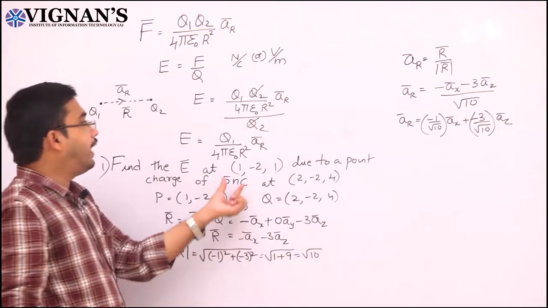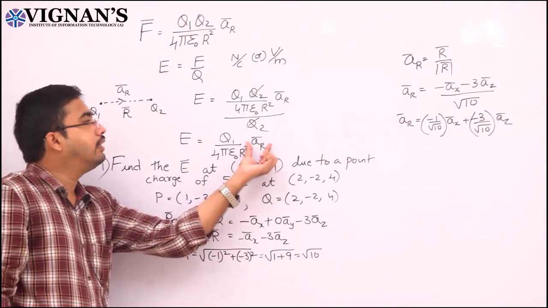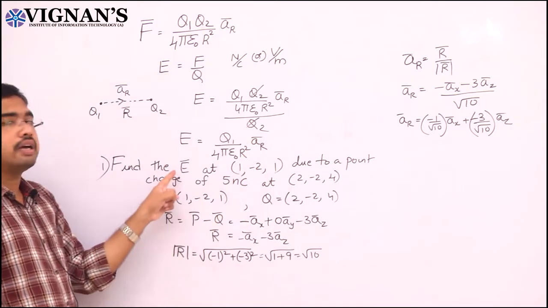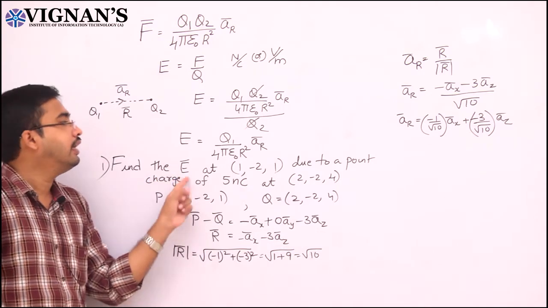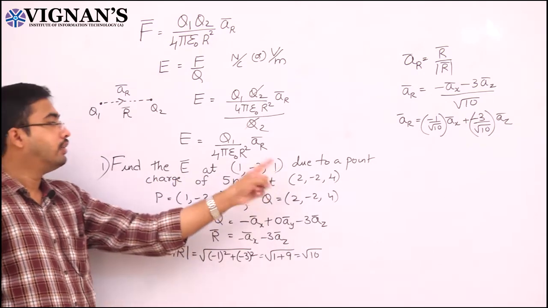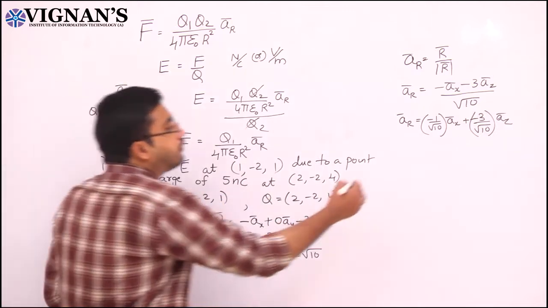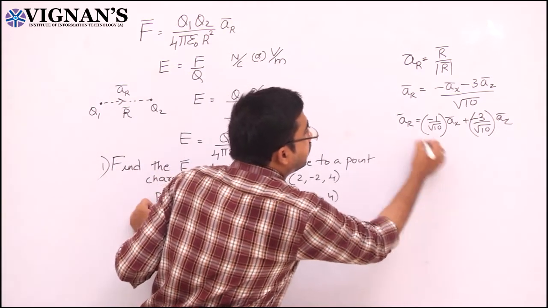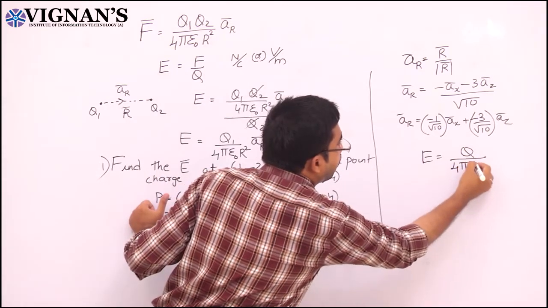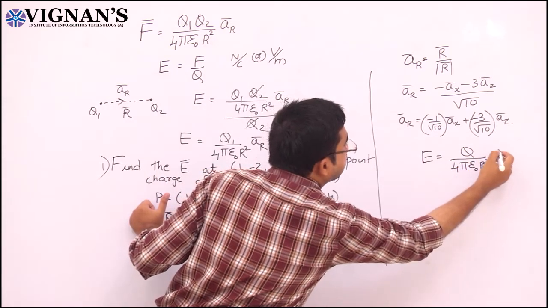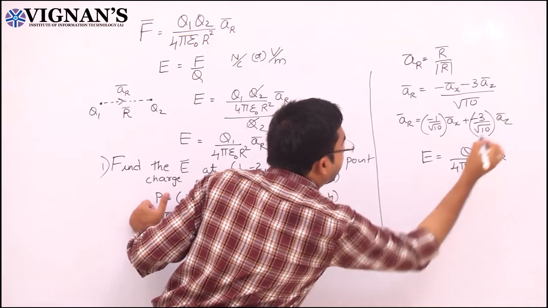Now we have obtained the distance, we have obtained the unit vector. Now what is our aim? Our aim is to find the electric field intensity E at this particular point due to this charge. So what is the formula for E? E is given by Q by 4 pi epsilon naught R square into aR bar.